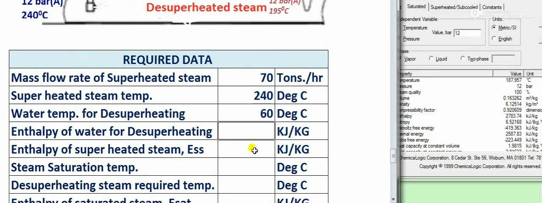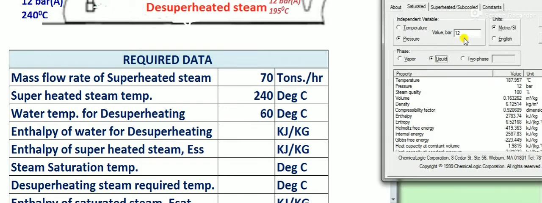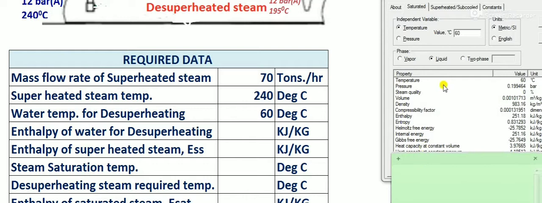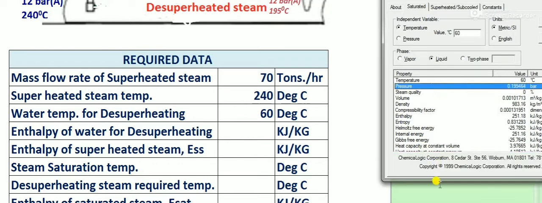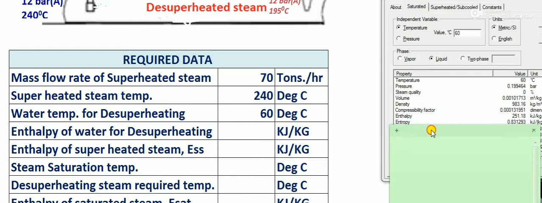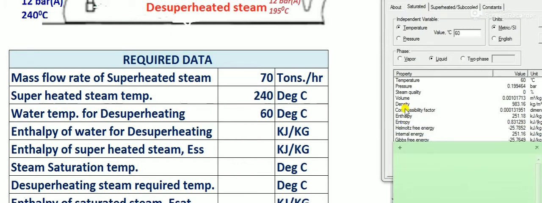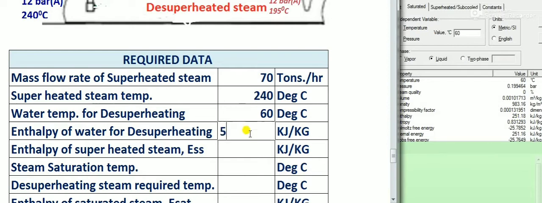Enthalpy of water for desuperheating, that is liquid at a temperature of 60 degrees centigrade, we can get from the steam table. So enthalpy is 251.18 kilojoule per kg.